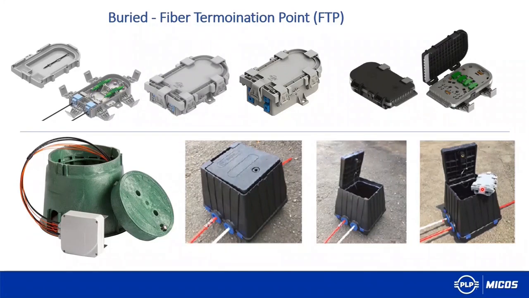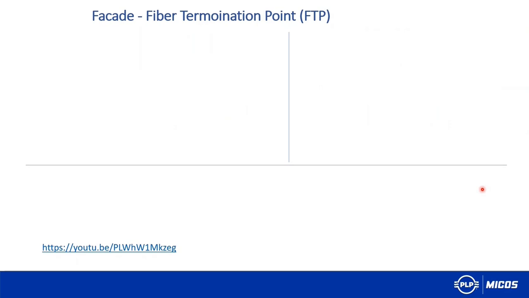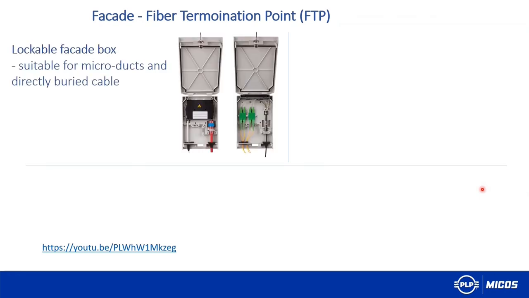Okay, let's jump to the facade. Facade, as I said, in Spain or some countries in South America, as well as Belgium, is the most popular installation. We have one product which is, I would say, our bestseller, but it's not really for facade installation, like talking about the cable going through and not an access point.